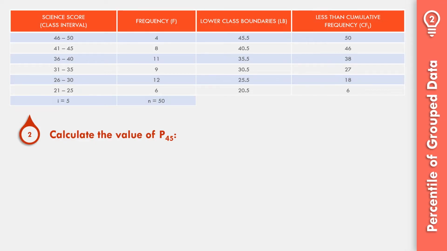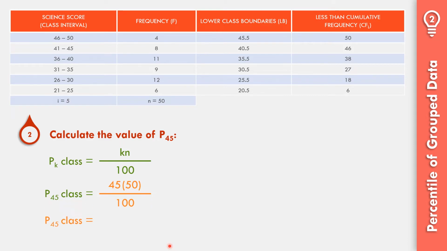Let us calculate now the value of p sub 45. But before that, let us identify the p sub k class. It is equal to k times n all over 100. The value for k is equal to 45. So the p sub 45 class is equal to k, replace it with 45, the total frequency 50, copy, all over 100.